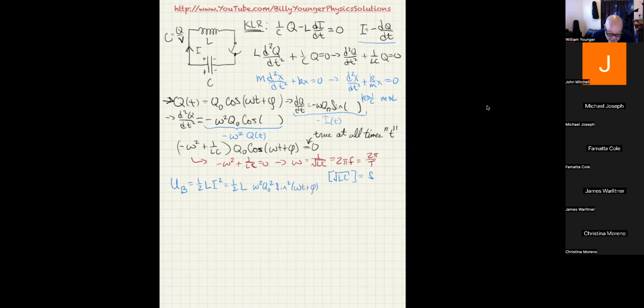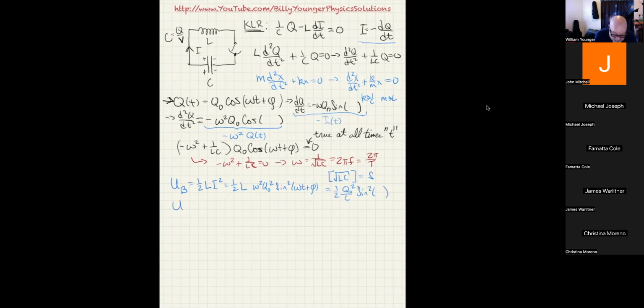And of course, omega being equal to 1 over the square root of LC, when you square it, you get 1 over L times C. So that's going to cancel out that L there. And I will ultimately get 1/2 Q0 squared over C times the sine squared of that argument again.